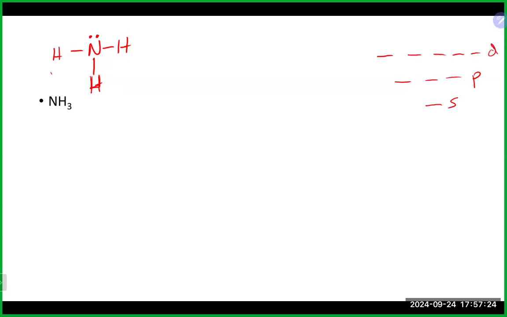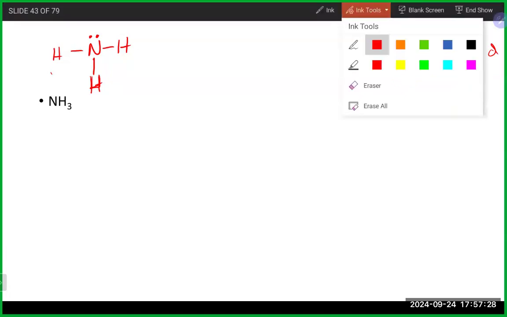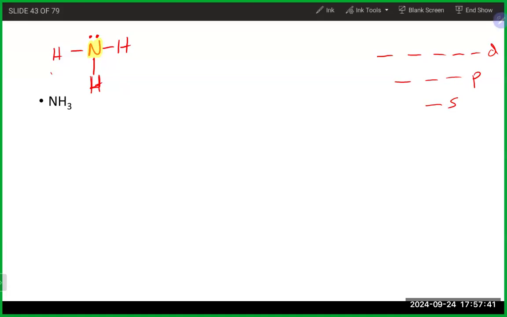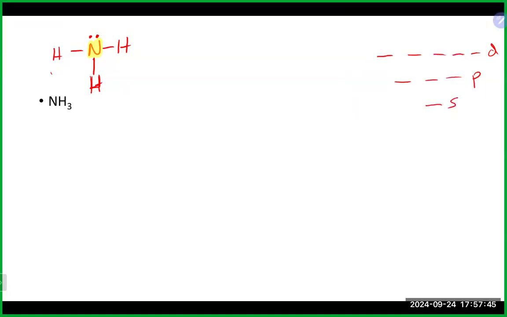You do the exact same thing as you do when you're doing geometry. And when we do geometry, we want to look at the central atom. That is the most important guy. When we're counting up the total number of electron pairs, there's one really important rule: we count double bonds and triple bonds as single bonds, and single electron pairs.